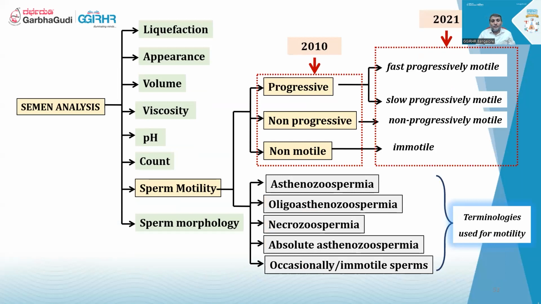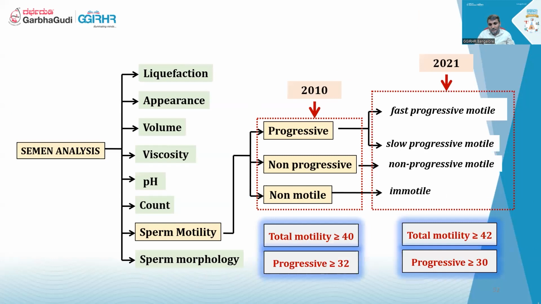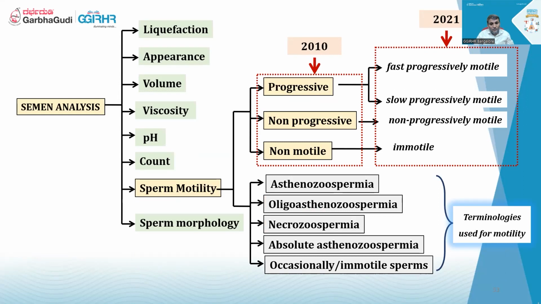These are the terminologies we use for motility. Asthenospermia means motility less than 42% or less than 30%. Oligoasthenospermia means there is decreased count plus motility less than the normal range, that is 42 and 30.